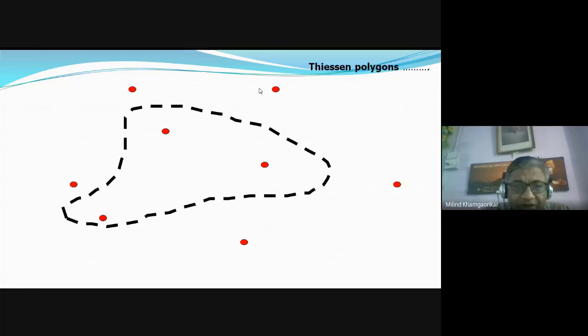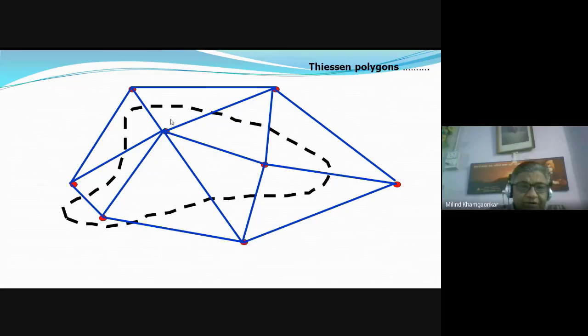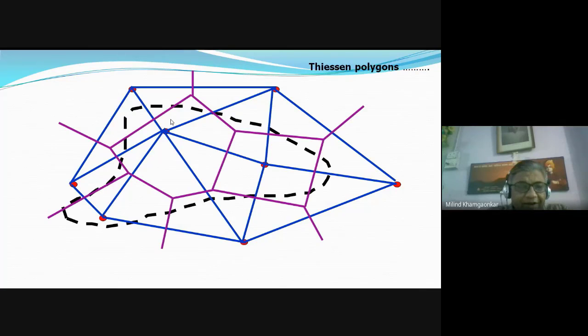So for all these rain gauge stations or rain measuring stations, the area which is important for each station, that is called the weighting of the area, is done by a certain scientific method, wherein all those are joined, their perpendicular bisectors are drawn, and they are connected.